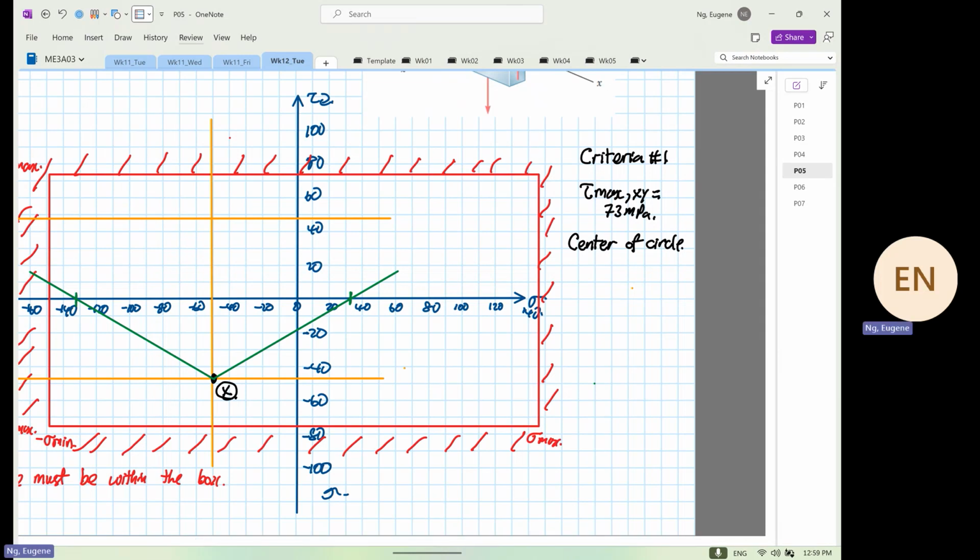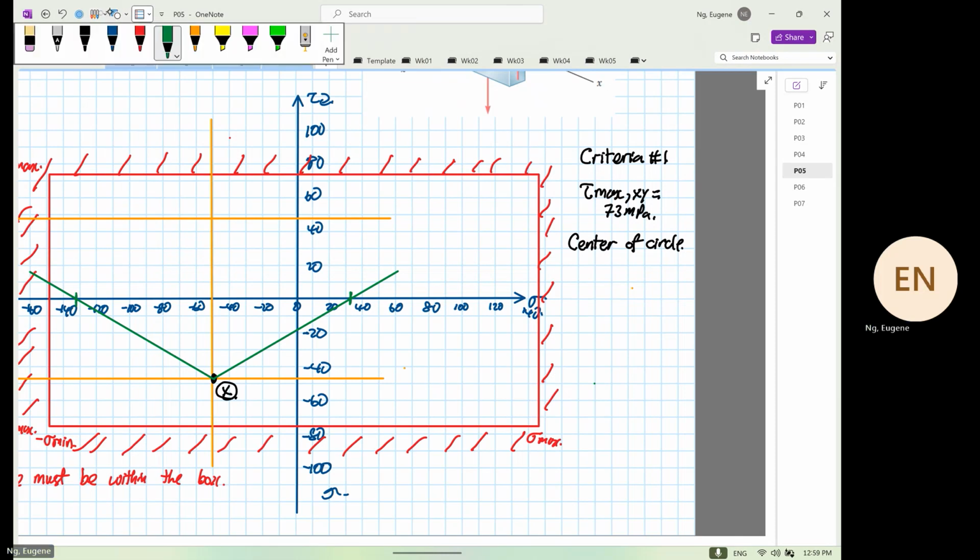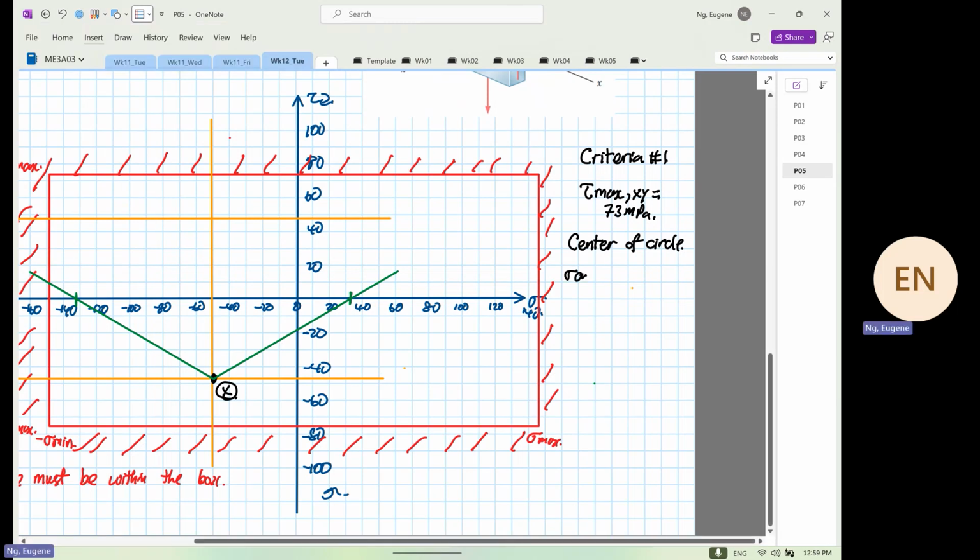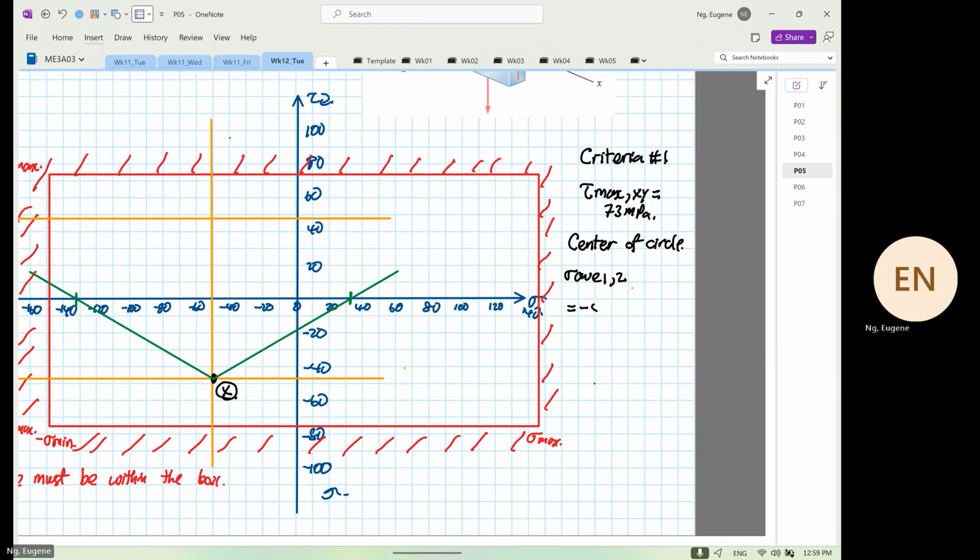So now we are going to determine the center of the circle. And the center of the circle, we can write up as stress average 1 or 2. So this will be equal to minus 50 plus minus square root of what?